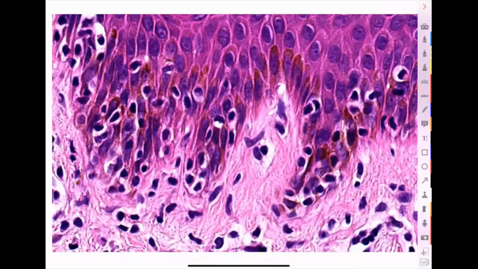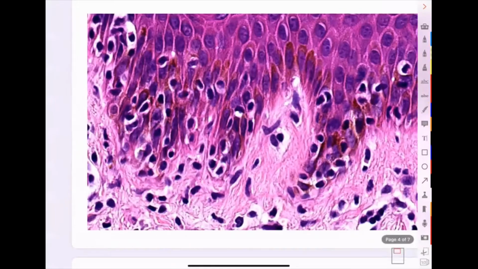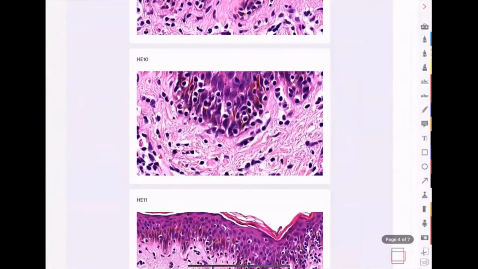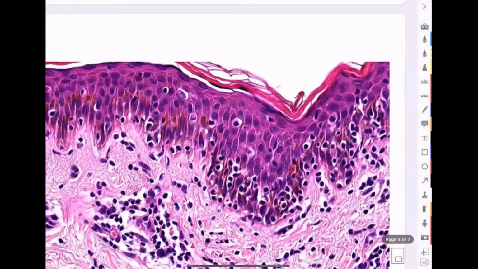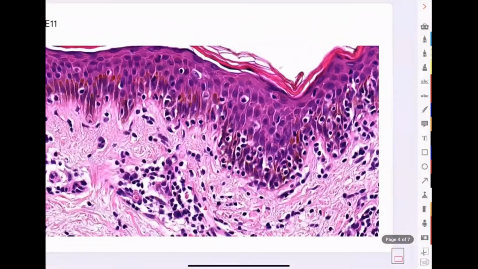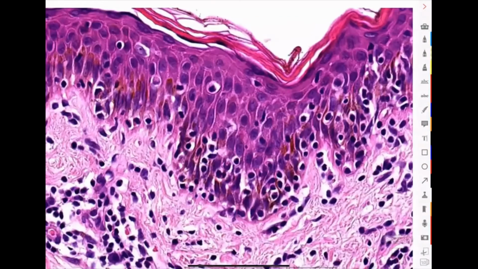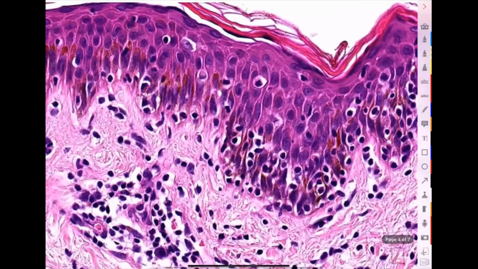What we are trying to do here is to make you adapt to the way that we will report it. Since when, when we do see a lymphocyte exocytosis, do you all of a sudden jump to a diagnosis of mycosis fungoides?